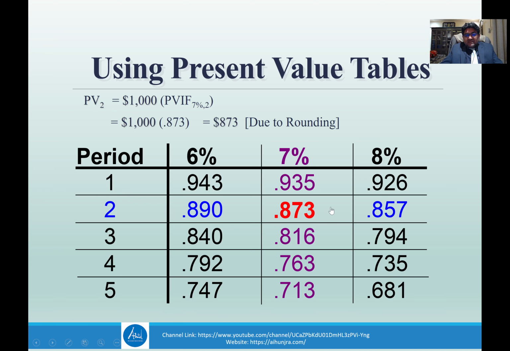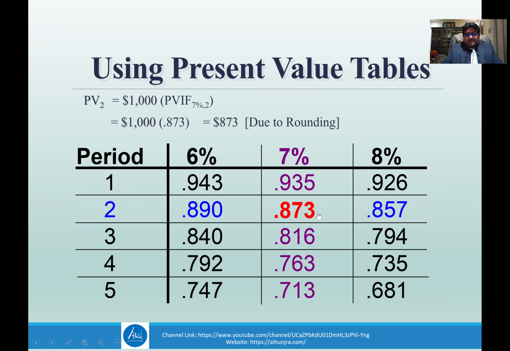I assume the time period is increased to 5 years and interest is increased to 8%. So look at what the value can be. 0.681. I is increased, time is increased, but the present value interest factor is decreased. That's why we name it an inverse relationship.